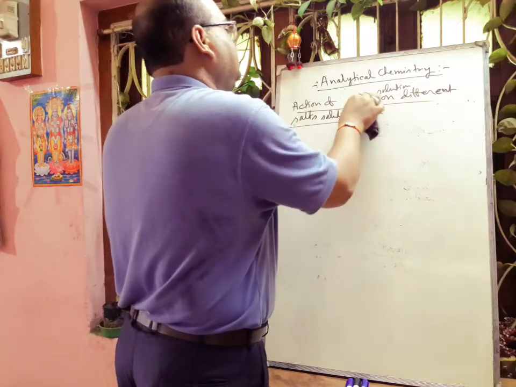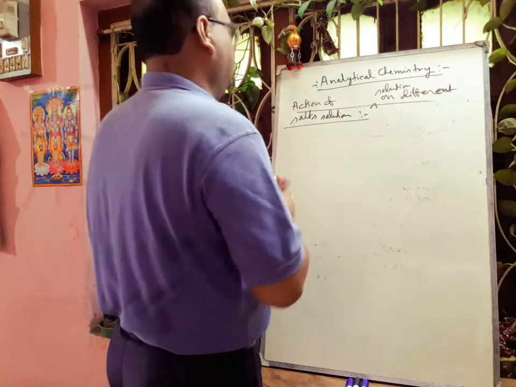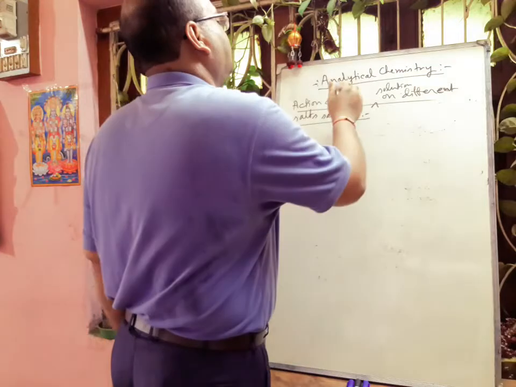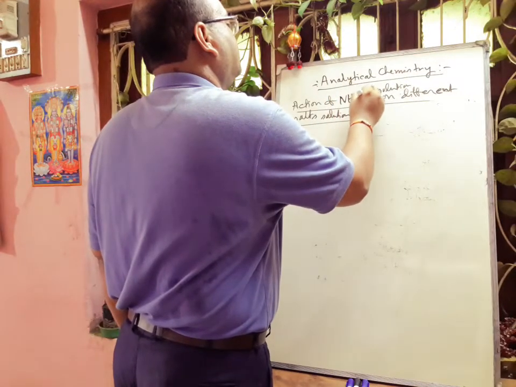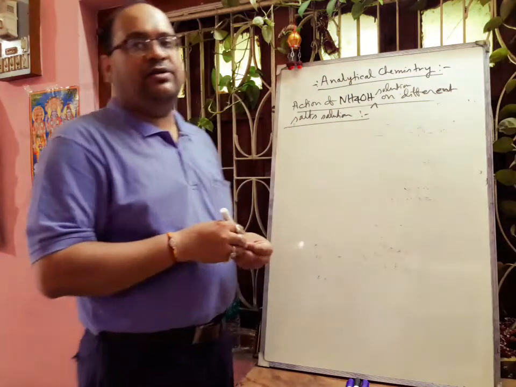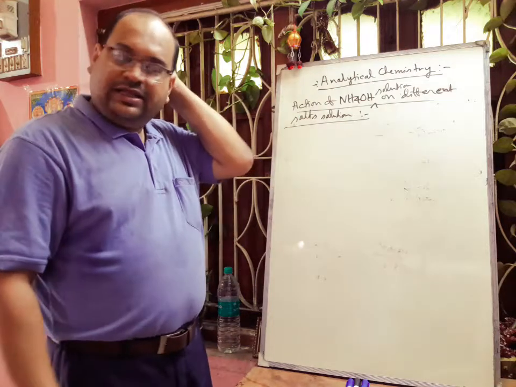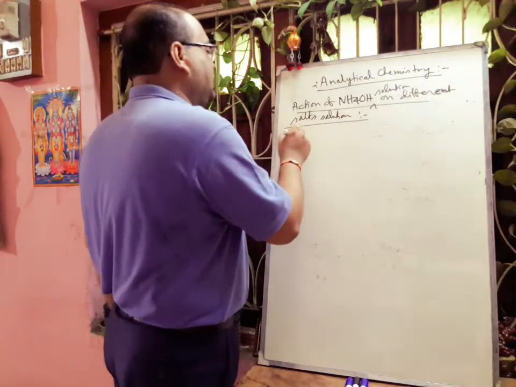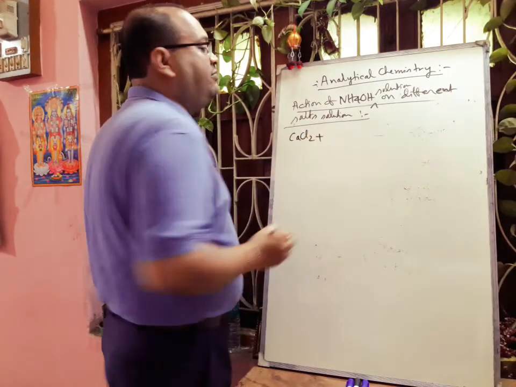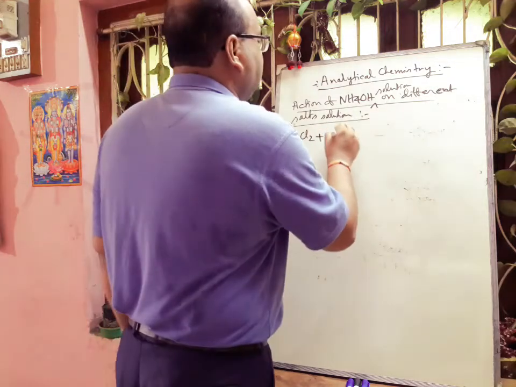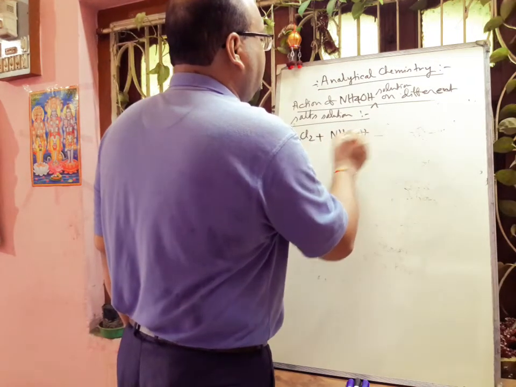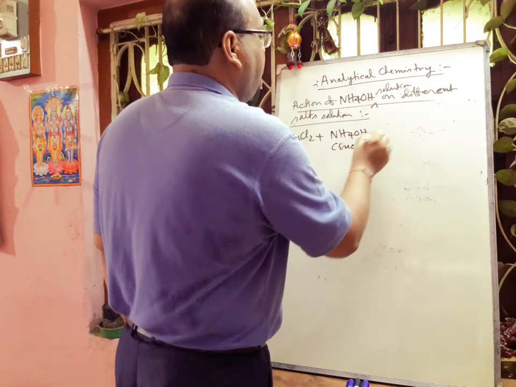Next we will discuss the action of ammonium hydroxide solution on different salt solutions. In the same way, first we are taking calcium chloride. If we add ammonium hydroxide, excess or little, there will be no reaction.